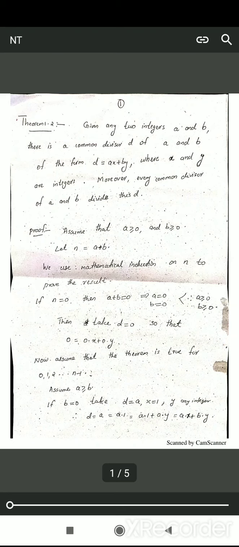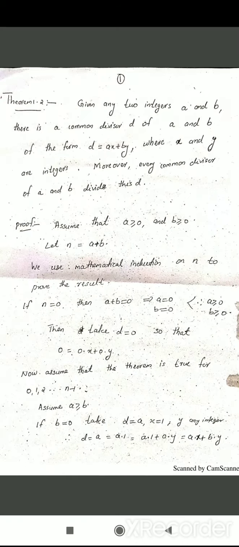So, our next section is on greatest common divisor. We start with an important theorem, theorem 1.2. The theorem says that given any two integers a and b, there is a common divisor d of a and b of the form d equal to ax plus by, where x and y are integers.